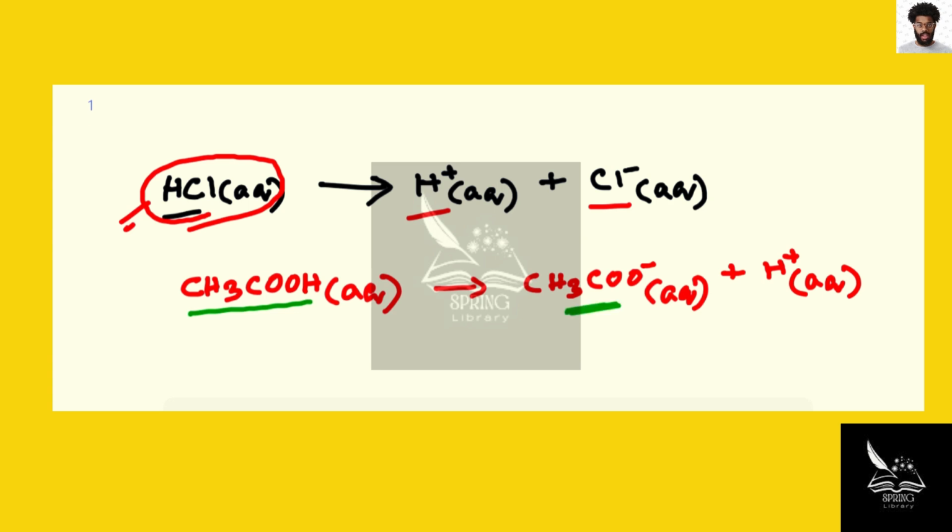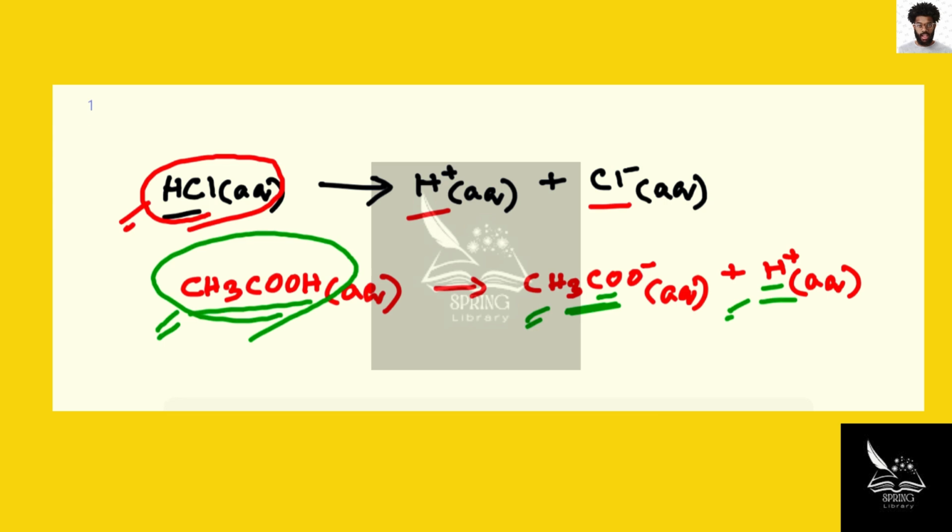And for the same reason, at any time when some of the acetic acid is being dissociated into its ions, at the same time some of the acetate ion and hydrogen ion will recombine to form back the acetic acid. That means in case of these weak electrolytes in a solution mixture, we have two reactions going on.